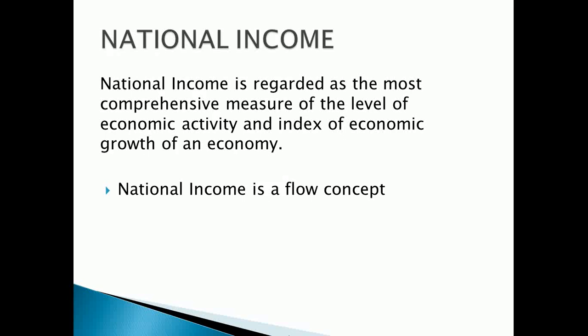Now let's start with the two-sector economy. It is a model that consists of two sectors, households and firms. Households can be referred to as individuals or the public, and firms as businesses or the productive sector.